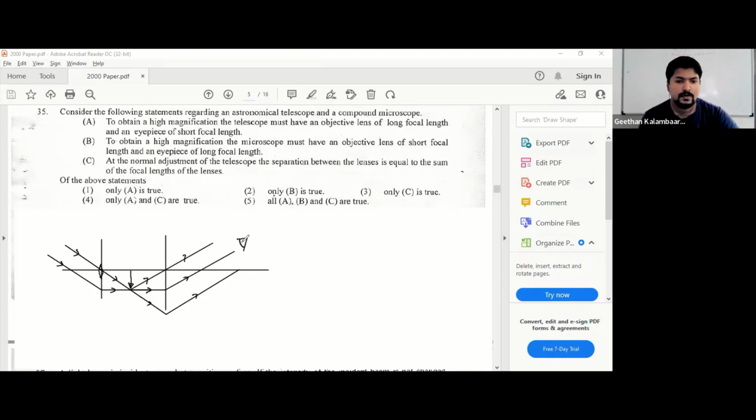This is where you keep your eye, and this length is FO and this length is FE. So it's beta here, this is alpha here.